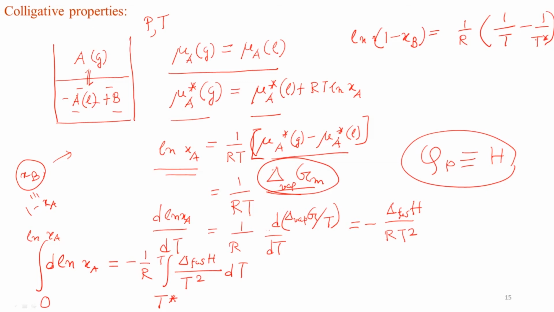So what we'll get is delta H vaporization by R, and then we can write it as T minus T star divided by T into T star, with a negative sign.